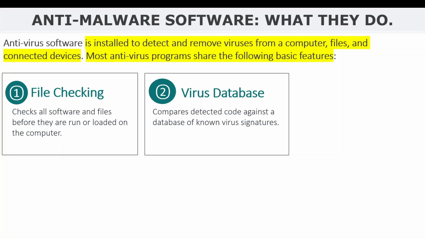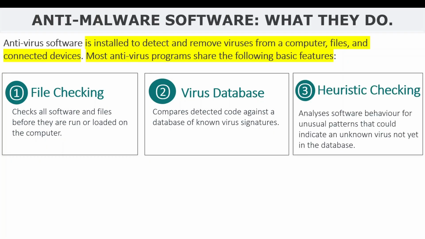So anytime a file is scanned, the antivirus software will compare it with the signature code in the database it has. If it matches, it will flag it as a virus or malware for proper action to be taken. So first of all, they need to do a check, and the check is done using the virus database.